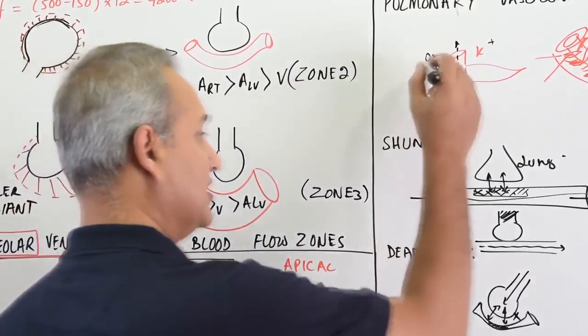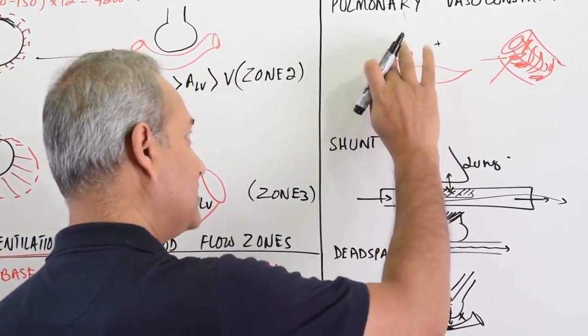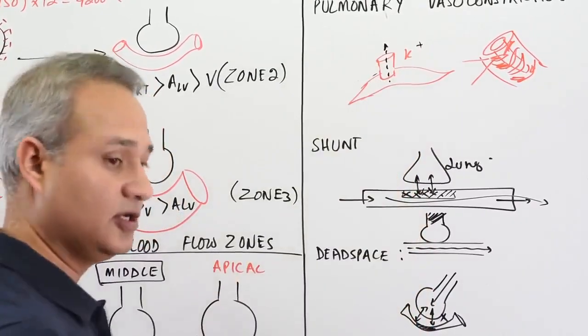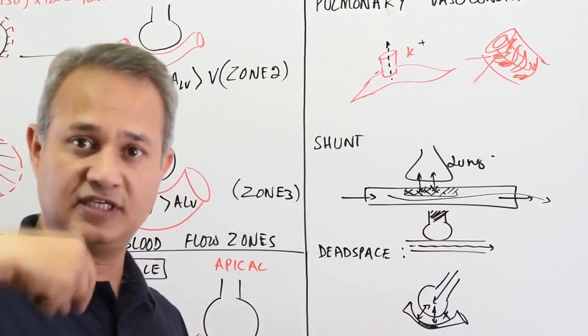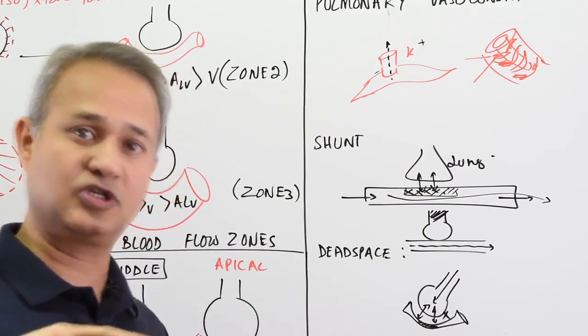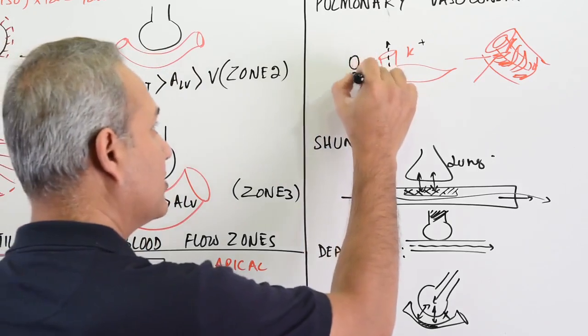If for some reason hypoxia happens, the oxygen is absent, so either the patient is in an environment where he cannot receive lots of oxygen, or the oxygen is coming in but it is not going to that part of the lung. For example, there is an obstruction in the airway.